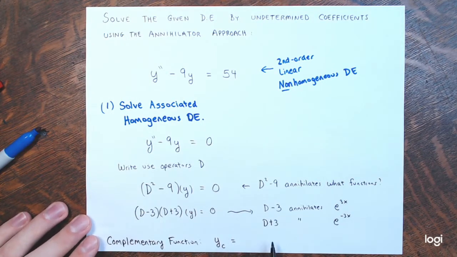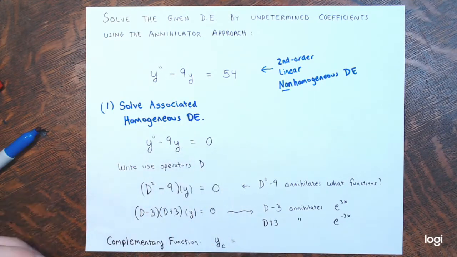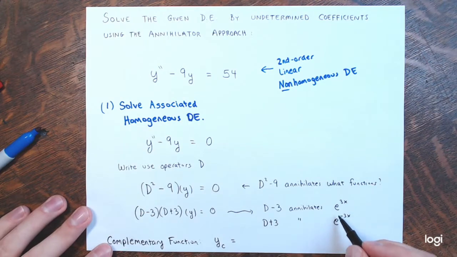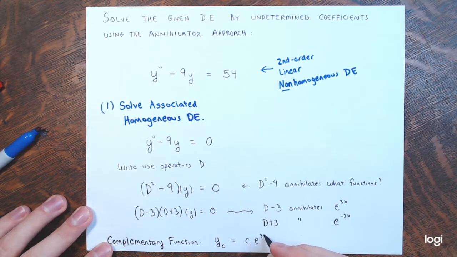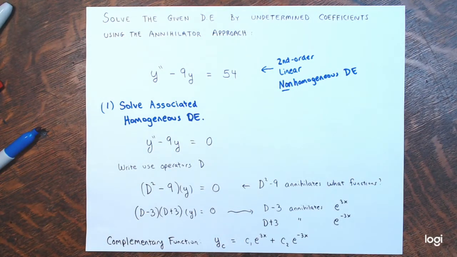The general solution is any linear combination, say c1 times e to the 3x plus c2 times e to the negative 3x. So this isn't the final answer. This is just going to be part of the answer later.